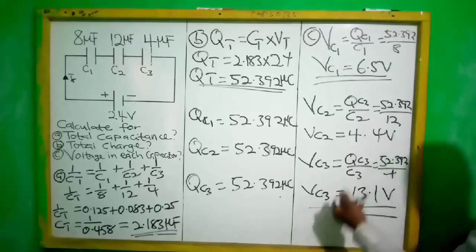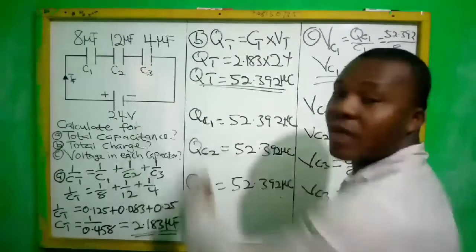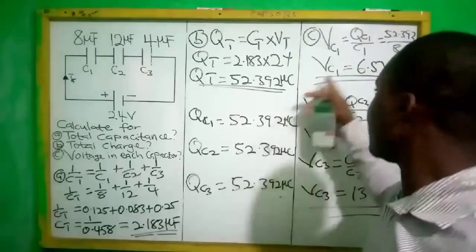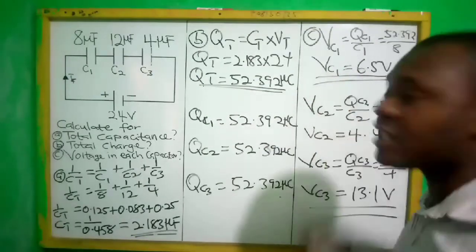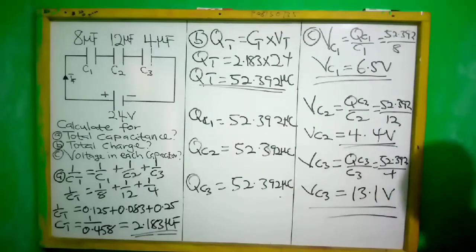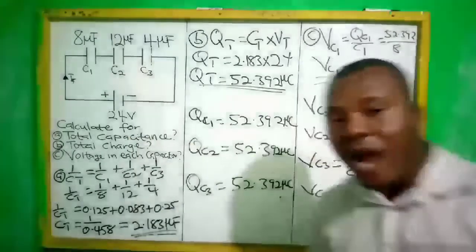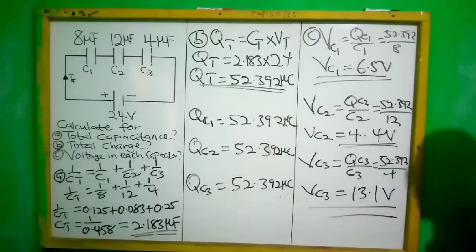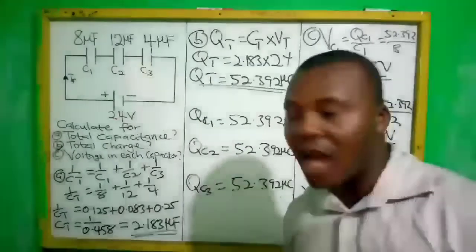When you add the voltage in C1, voltage in C2, and voltage in C3, you get the same amount as the total, 24. So this is the answer when you are asked to calculate for these particular questions.